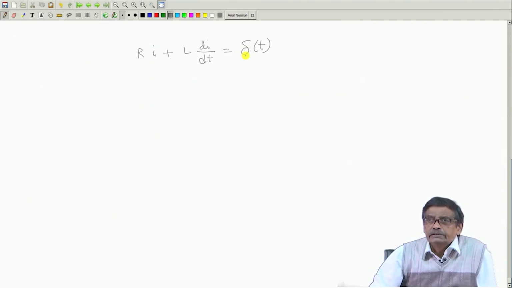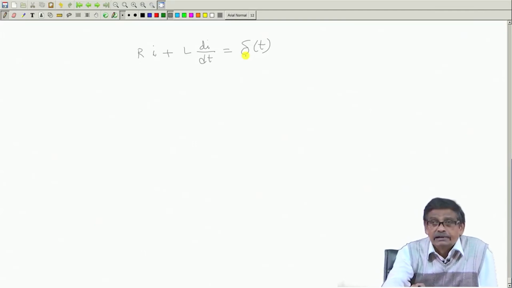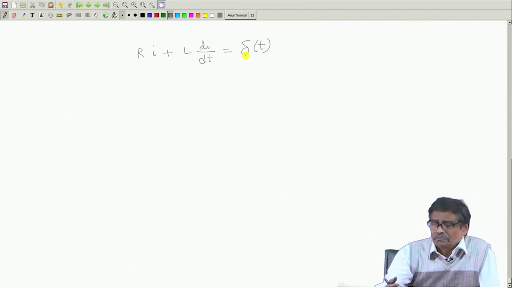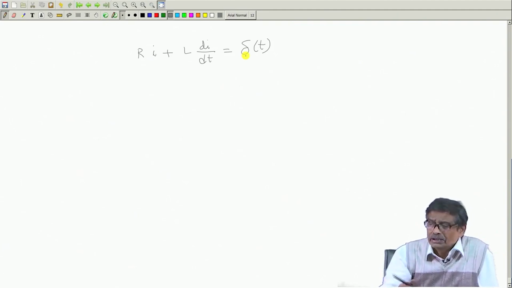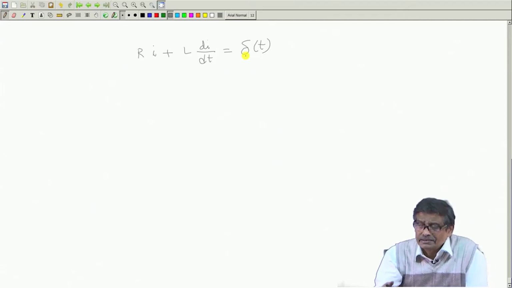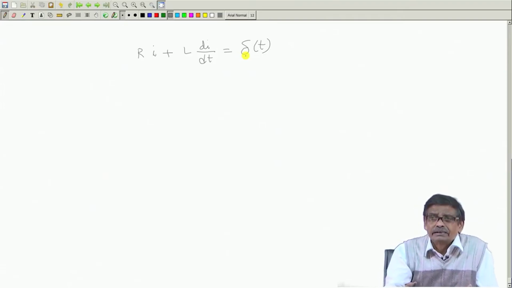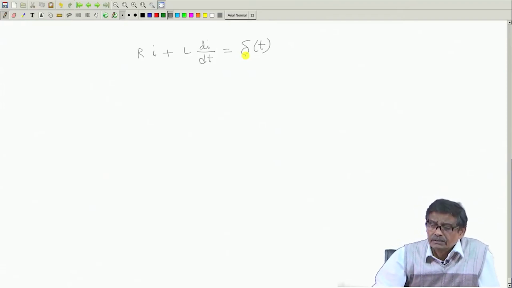Now, the question is how that impulse can be created. Can the response I be delta t? Suppose I am just arguing from common sense: it is a differential equation, the right hand side is delta t, what will the left hand side be?